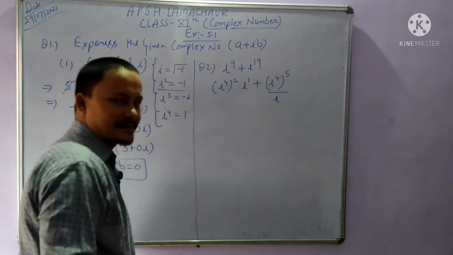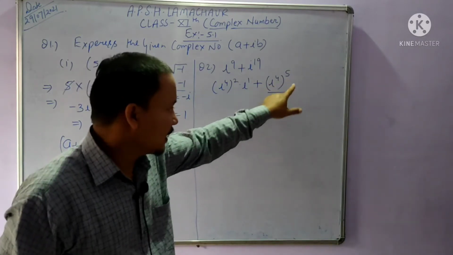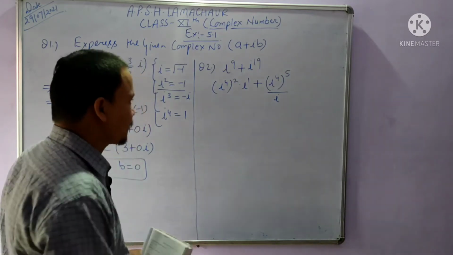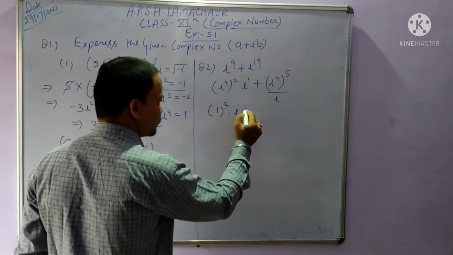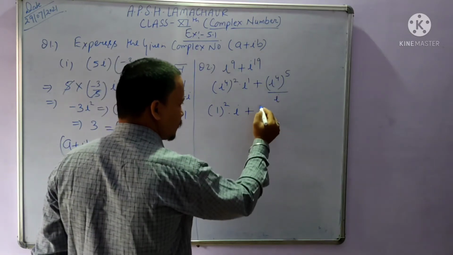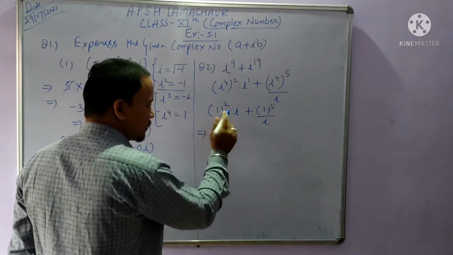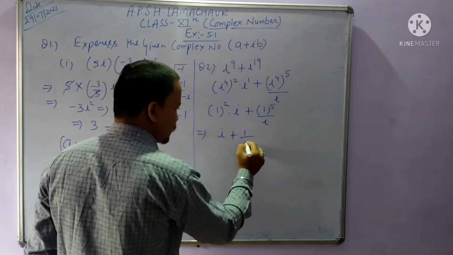So i raised to the power 20 divided by i raised to the power 1 gives me i raised to the power 19. Now see, i raised to the power 4 is 1, so 1 squared into i, plus here i raised to the power 4 to the 5, divided by i. So this will be 1 squared into iota, that is iota, plus 1 upon i.